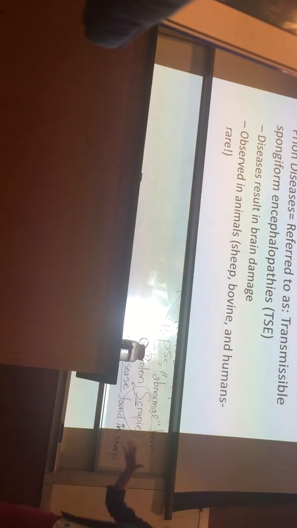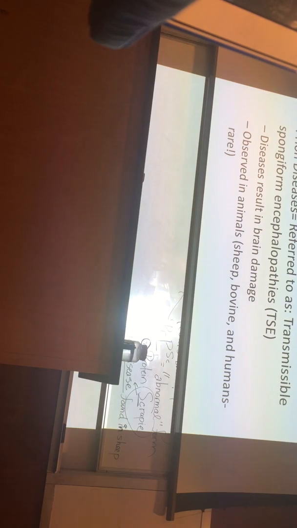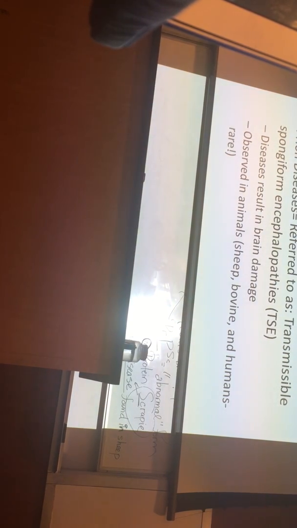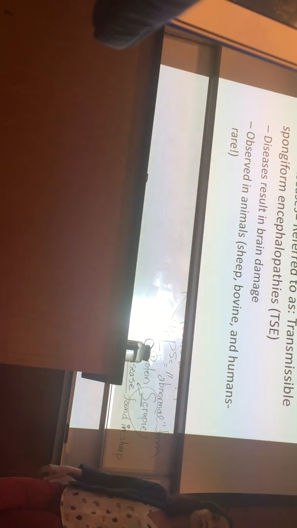All right, so how would we pick up a prion disease? Where would we get these abnormal prion proteins from? Eating. So one of the ways is definitely ingestion of a food product like the beef, where we had the mad cow outbreak.